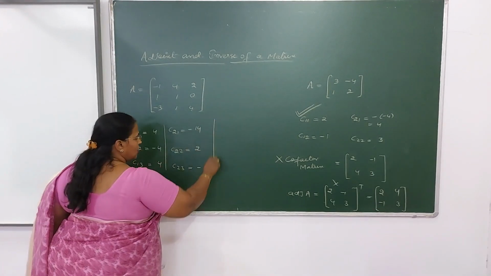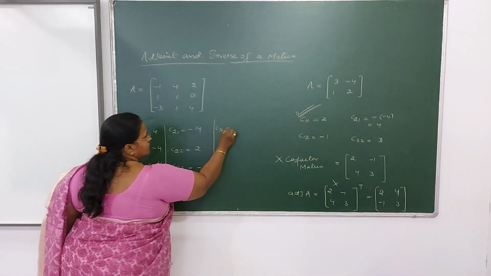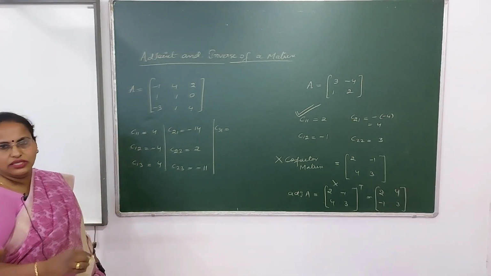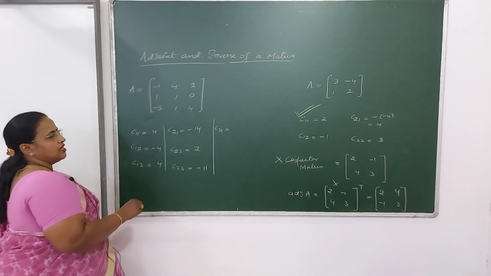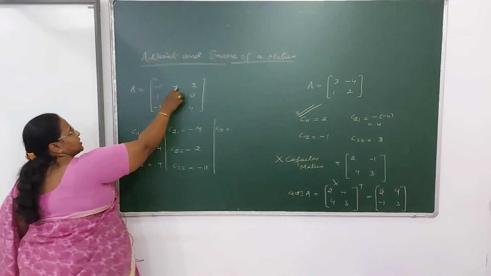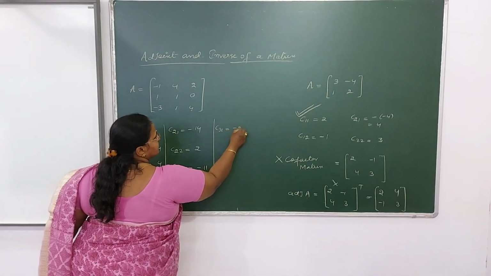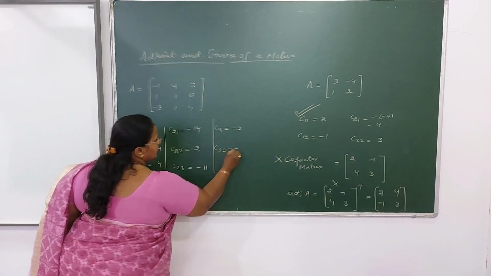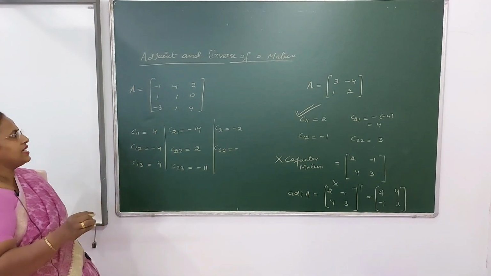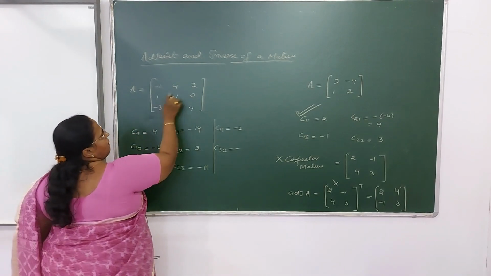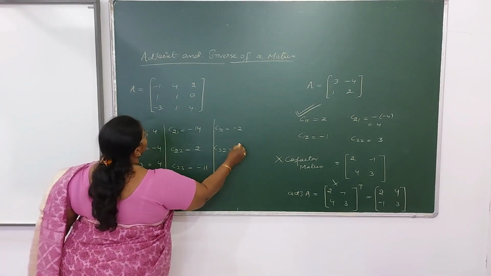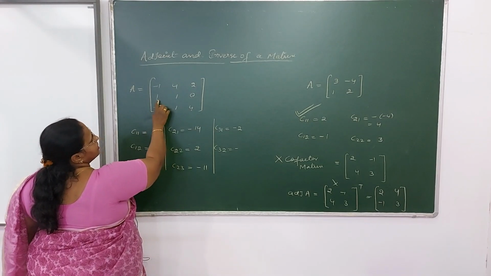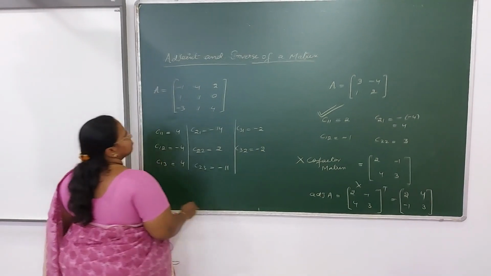Now moving to the third row, C31, this is equal to 3 plus 1 even, nothing to mention. Delete the third row and the first column. So it's 0 minus 2, so its answer is minus 2. C32, place a minus sign. Third row, second column. So it's 0 minus 2, so it's coming minus 2.